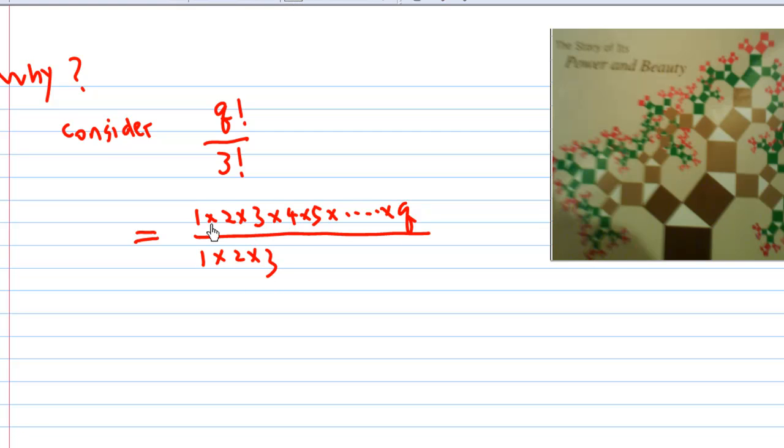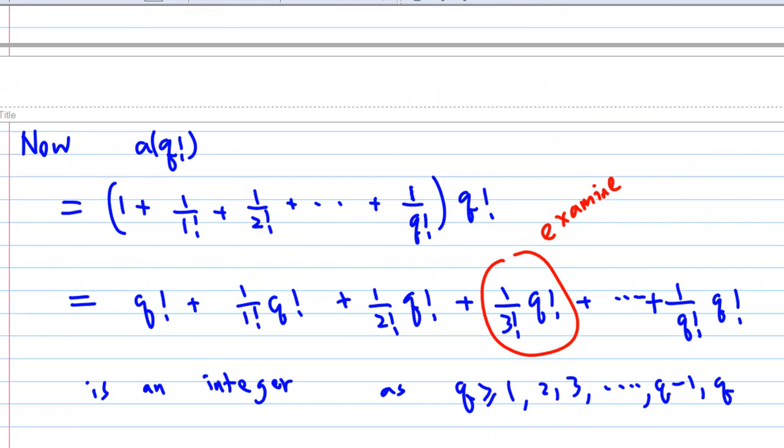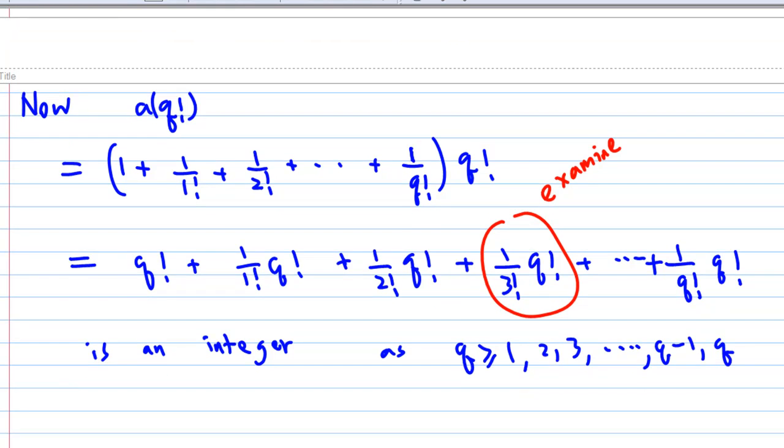So after the cancellation, I have an integer. Repeat this argument for each of the terms, and you'll know that each term will be an integer. Therefore, a times q factorial is an integer.